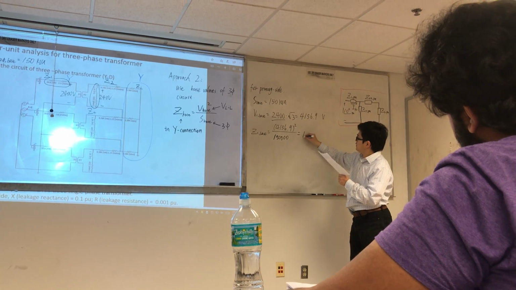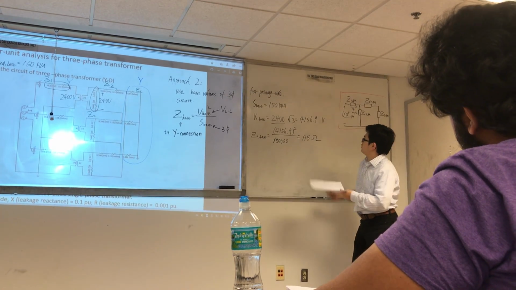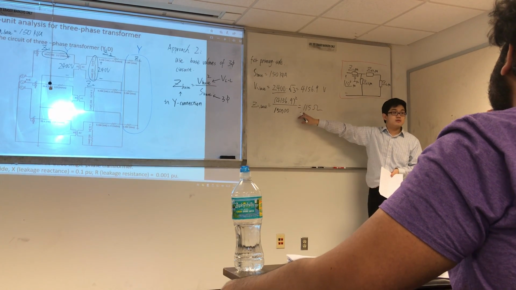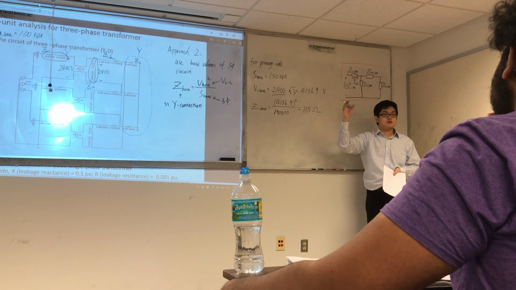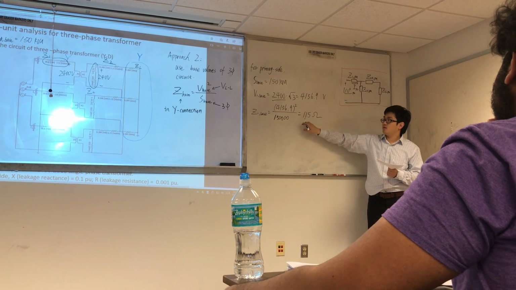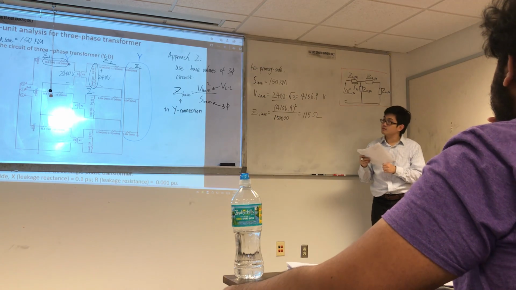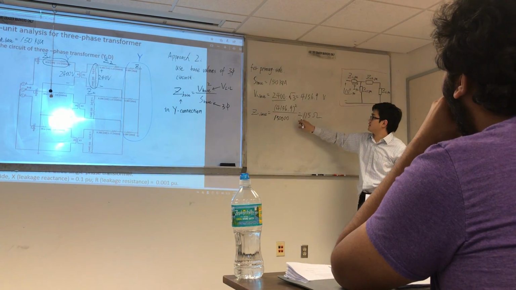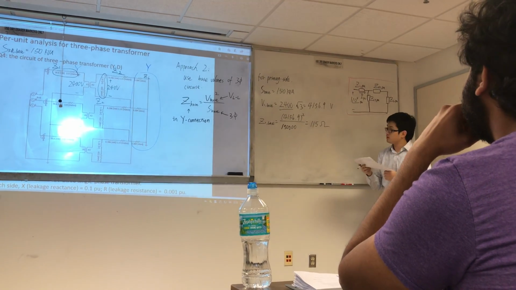So your Z base is 115 ohm. You can find this Z base is the same as the previous approach. The same value. I will post the notes so you guys can compare this Z base and the previous approach.